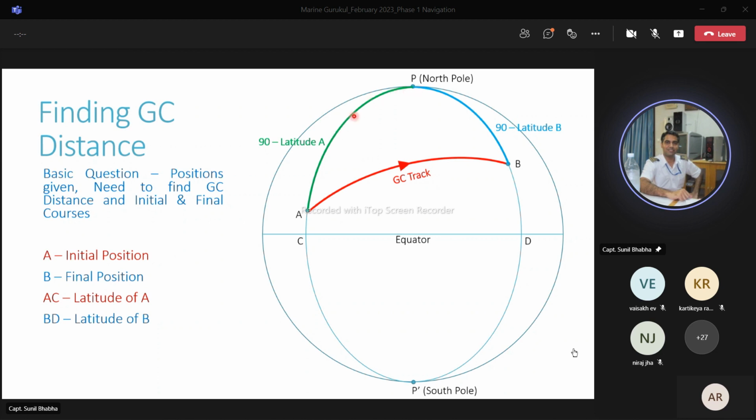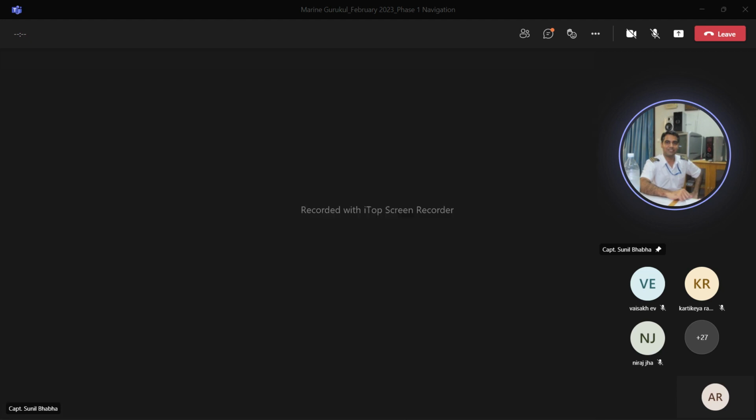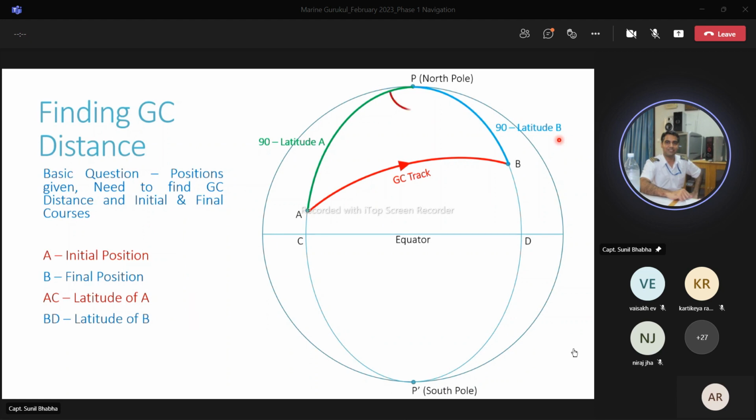One is side Papa Alpha, which is colat of A, known to us as the latitude is available to us in the question. The second side, Papa Bravo, which is the colat of B, is again available to us as the latitude of B is given to us. Now let's see what other information is available here.